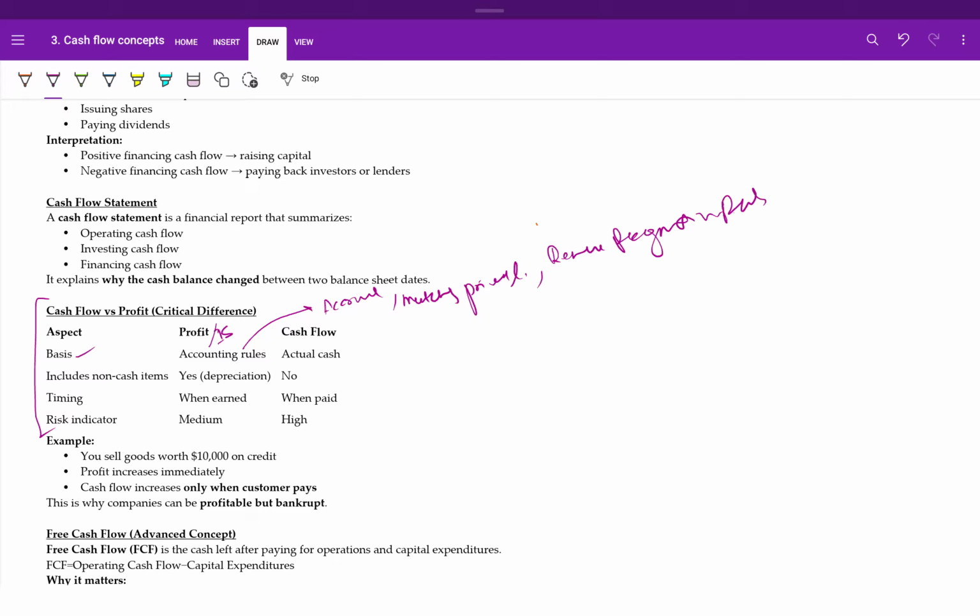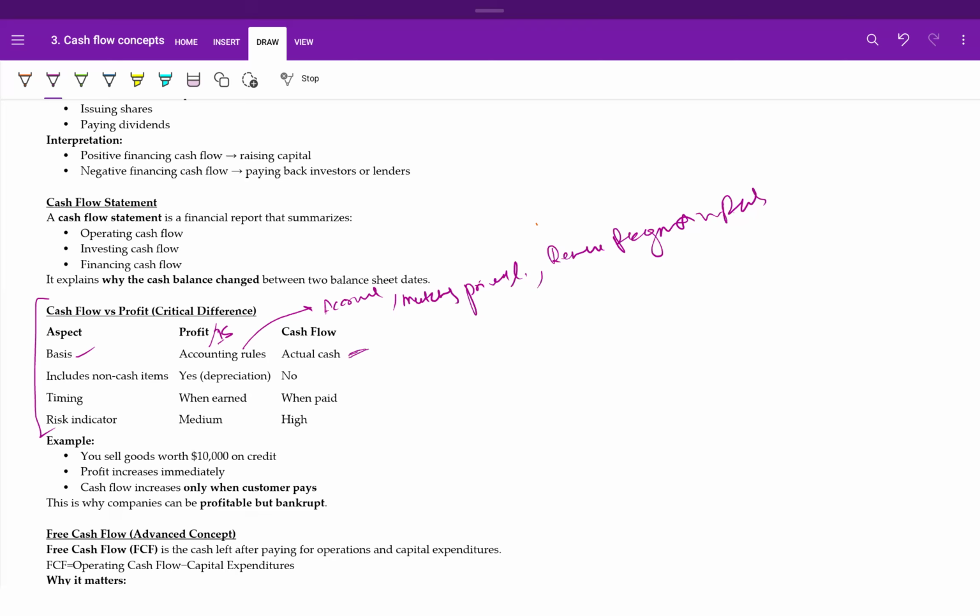But there's a difference between the income statement and the cash flow statement. Cash flow is purely based on real money movement. Cash is only recorded on the cash flow statement when the cash comes in or goes out, and it ignores the accounting adjustments and focuses only on the physical cash transactions.